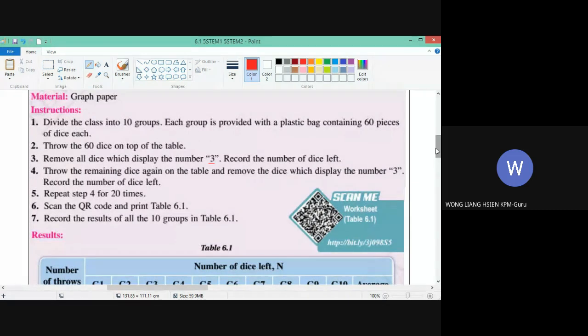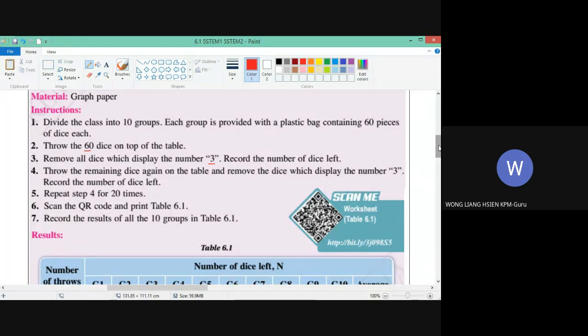Because you have 60 dice, when you throw the 60 dice, roughly you will find about 10 dice that show number 3.